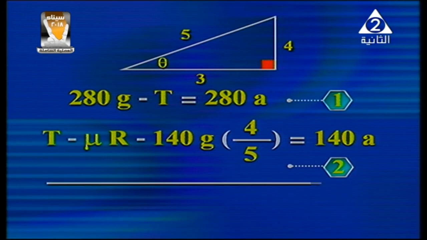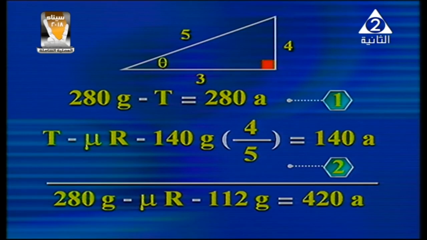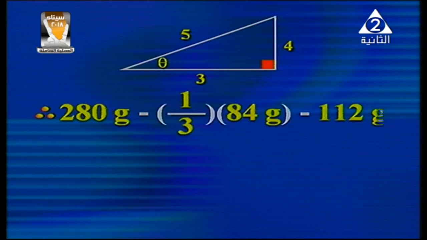By adding, we form the third equation: 280 g minus mu R minus 112 g equals 420 a. By substitution, mu equals one third and the value of R, then 280 g minus one third times 84 g minus 112 g equals 420 a.